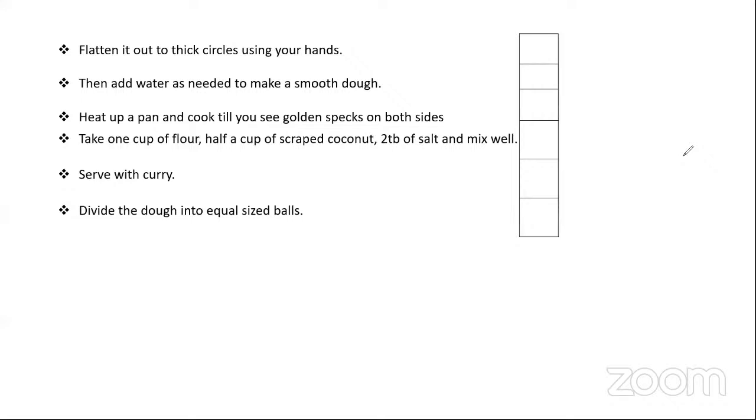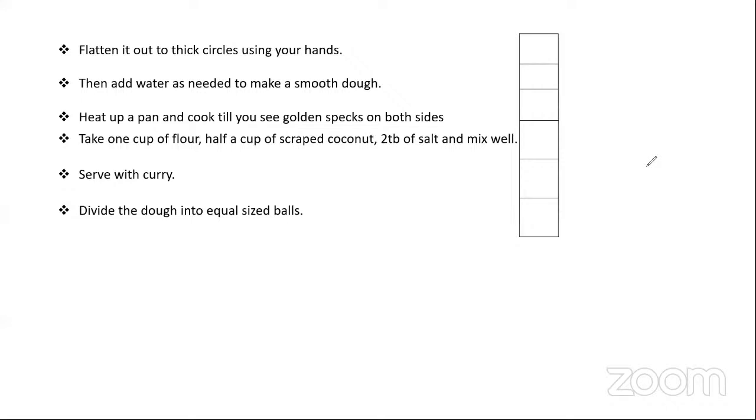Next, heat up a pan and cook till you see golden specks on both sides. Next, take 1 cup of flour, half a cup of scraped coconut, 2 tablespoons of salt and mix well. Again, I'm reading.